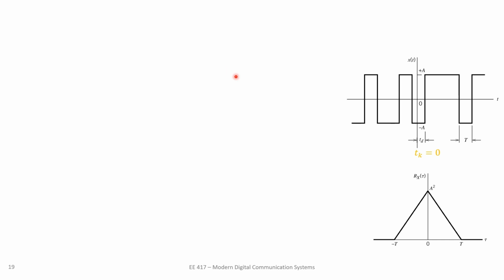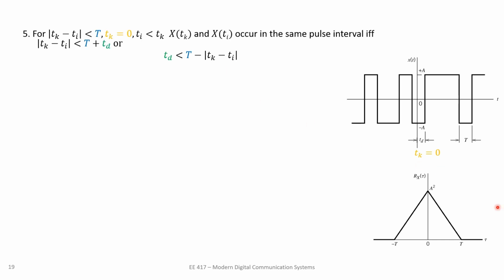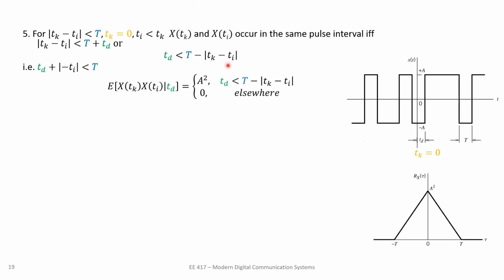If the shift is 0, we are comparing the signal with itself and we get a squared because we are multiplying the signal by itself. As we increase the delay up to capital T, we see a reduction in similarity. We can do this by looking at the exact math and the multiplication between the two.